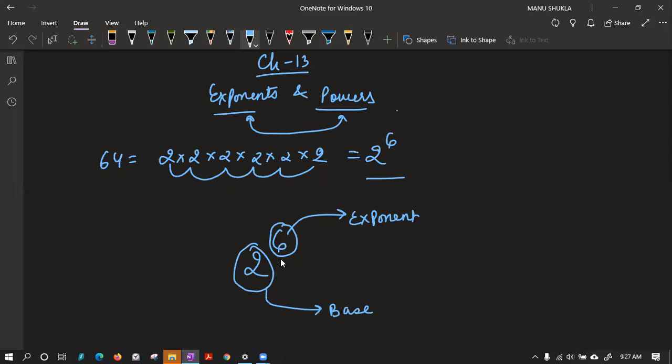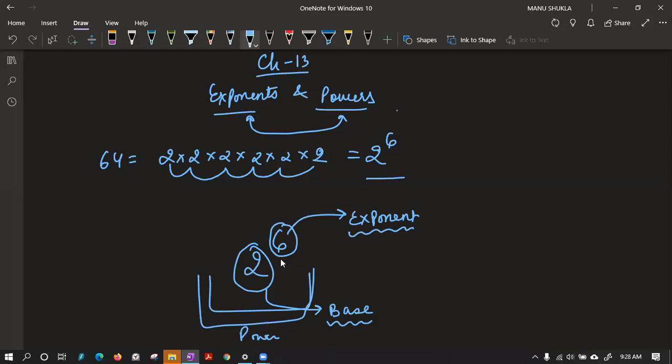Class, are you able to understand this? In any number like this, the lower one is your base and the upper one is your exponent. And this combined thing is known as power.